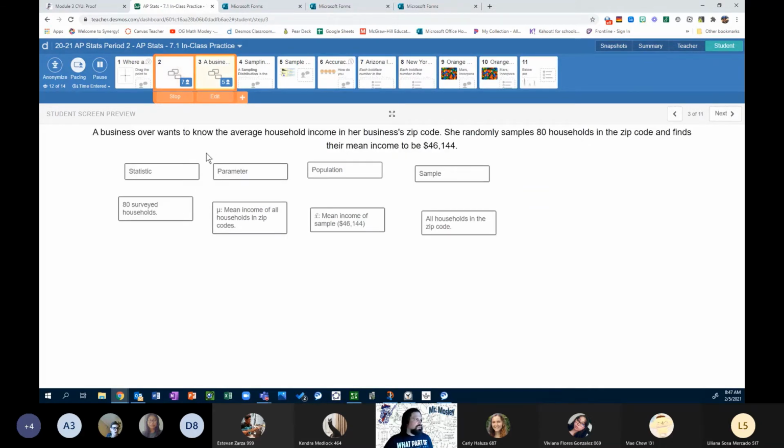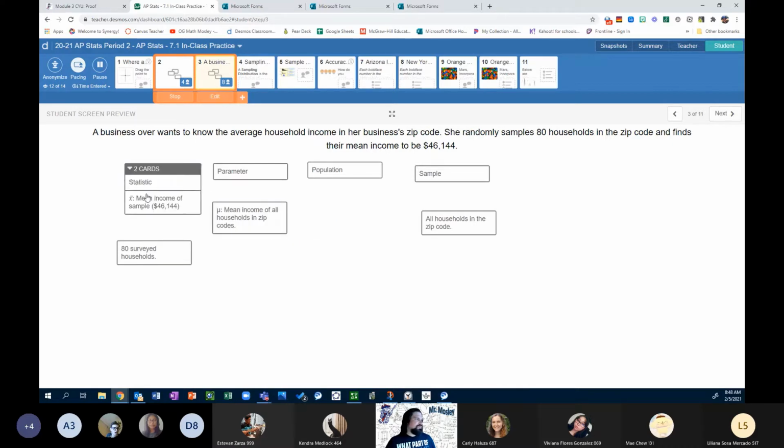Okay. So then next we have the business owner, and she wants to know the average household income in her business zip code. She randomly samples 80 households in the zip code and finds their mean income to be $46,144. The statistic is x-bar, the mean income of the sample.